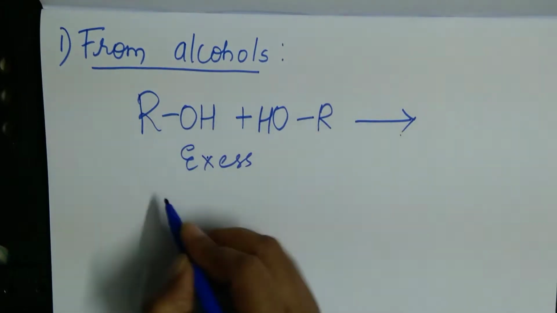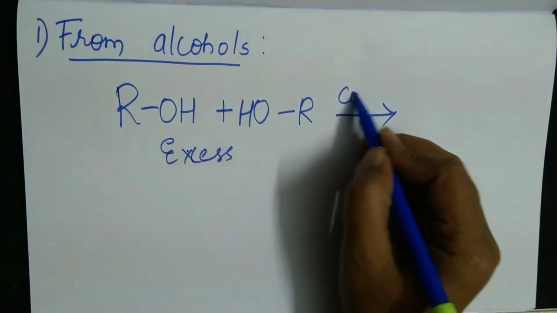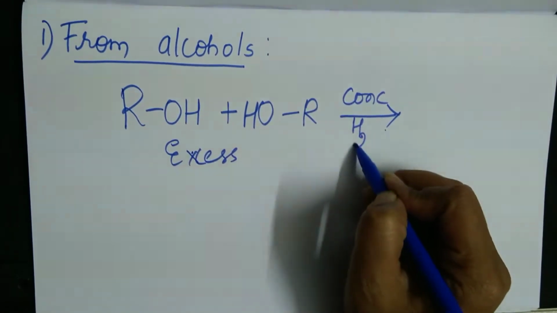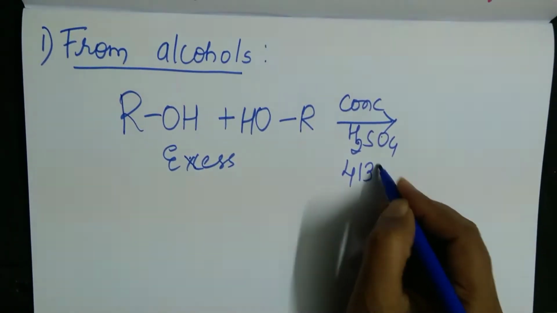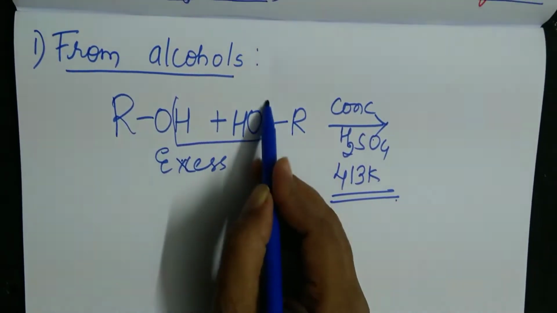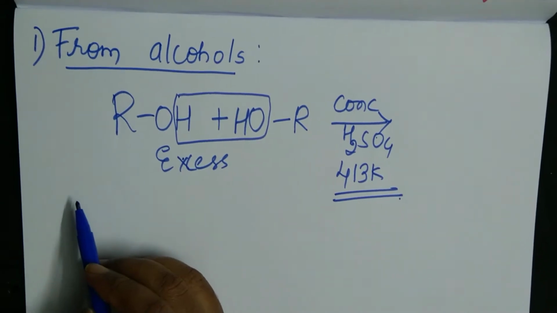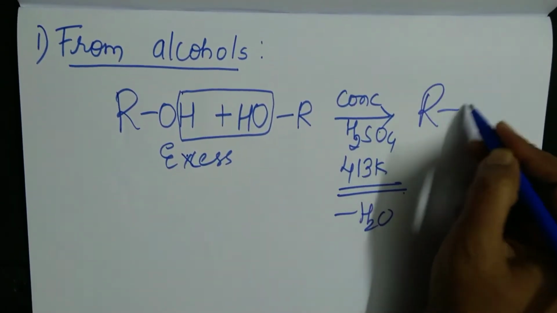So when excess of alcohols is treated with concentrated H2SO4, a dehydrating agent, at a temperature of 413 Kelvin, there is removal of water. Dehydration takes place and there is formation of ether.